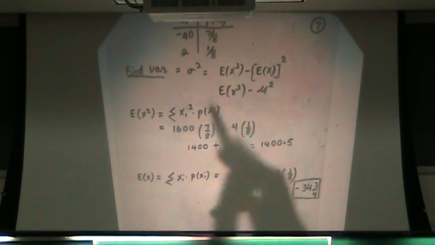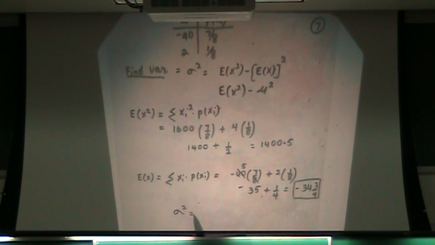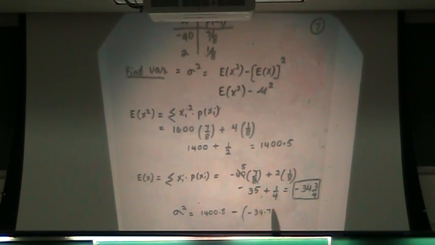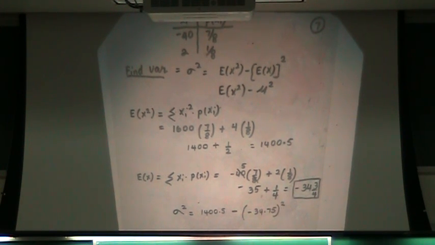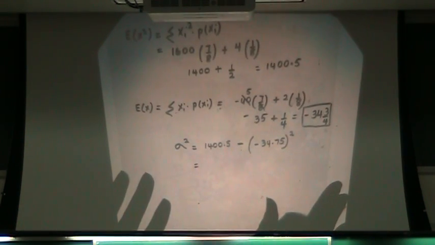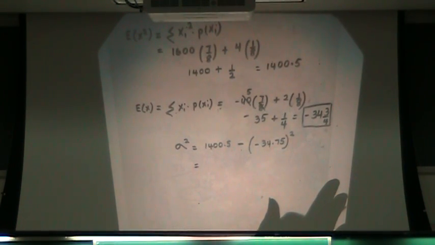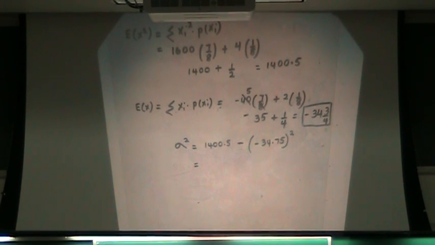So when all is said and done, sigma squared is going to be 1400.5 minus negative 34.75 squared. Can you please get me an answer for the variance? Or just lend me your calculator? Thank you. So 1400.5 minus 34.75 squared.